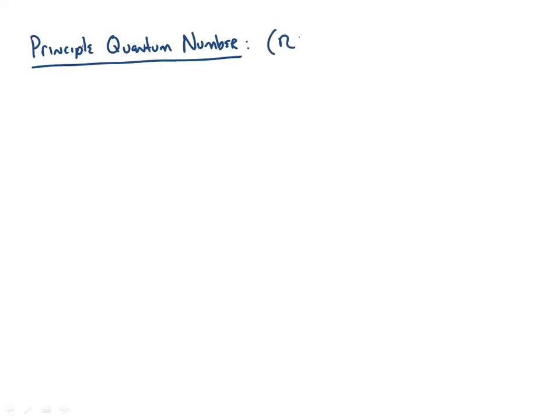Okay, so the first quantum number is called the principal quantum number. I always have to laugh at some of the spelling mistakes in my notes. And it's given the symbol of a script n.